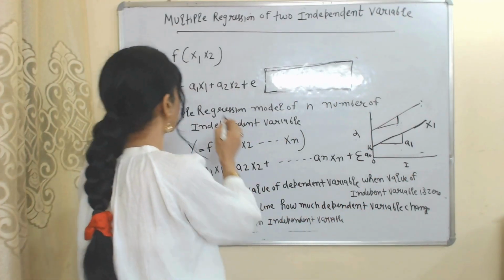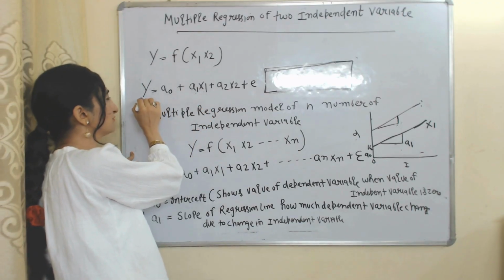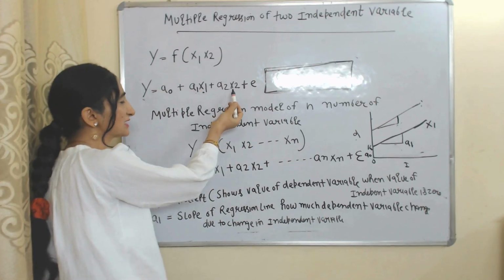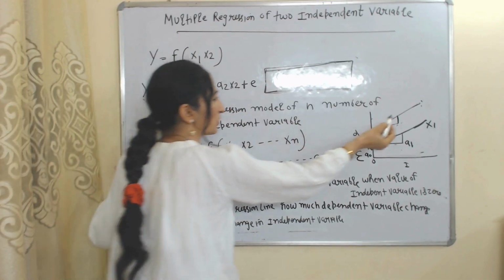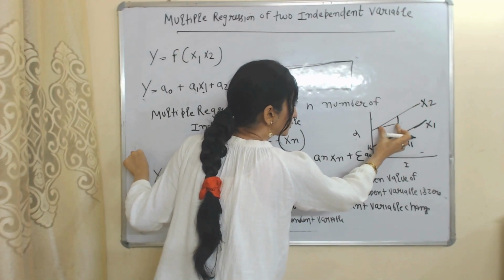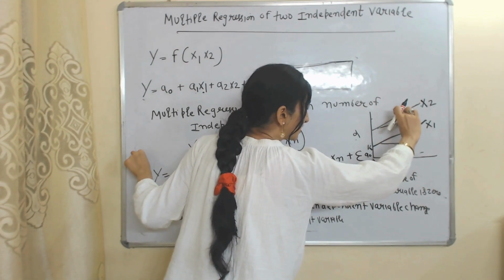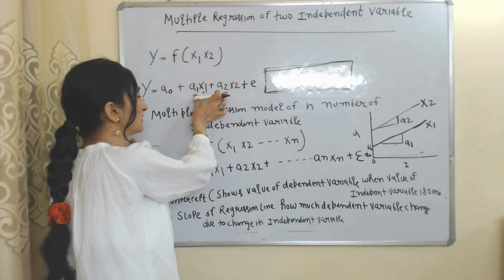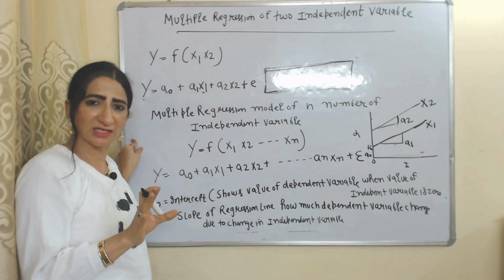So A1 is the coefficient of x1, which shows how much the dependent variable y will change due to a change in x1. Similarly, A2 is the coefficient of x2. Suppose this line belongs to x2 and shows that this much change in x2 will lead to this much change in the dependent variable, and this slope will be called A2, because slope basically measures how much the dependent variable will change due to a change in the independent variable.